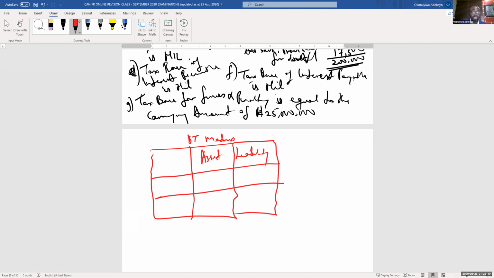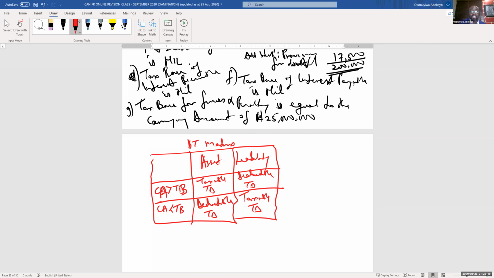Where carrying amount is greater than tax base, and where carrying amount is less than what? Tax base. We said this is taxable temporary difference. This is what? Deductible temporary difference. This is what? Deductible temporary difference. And this is what? Taxable temporary difference.